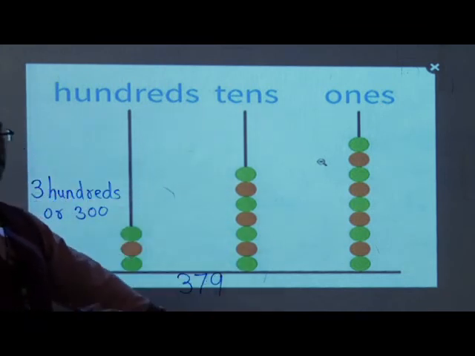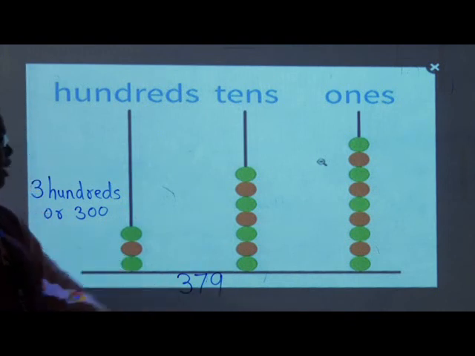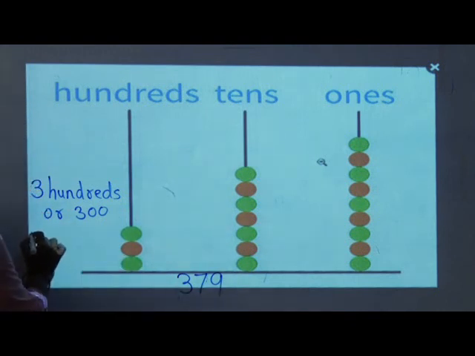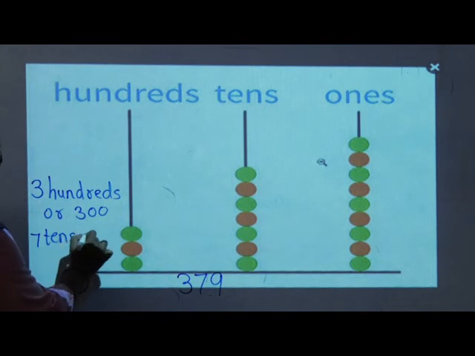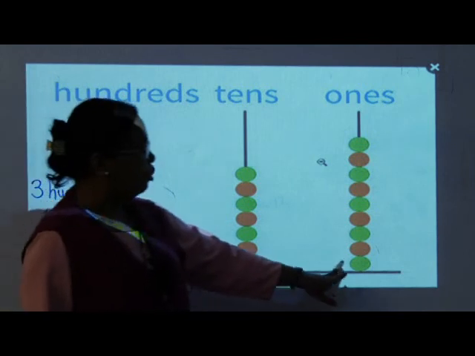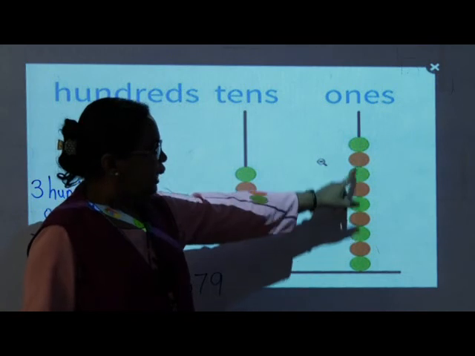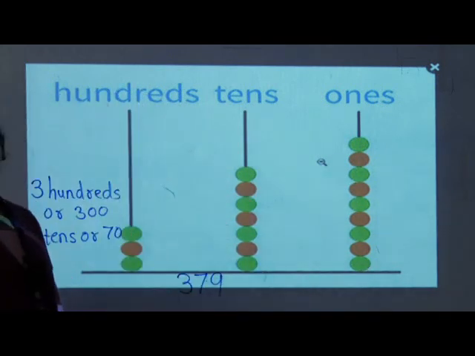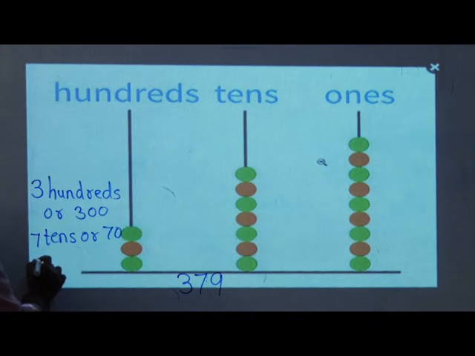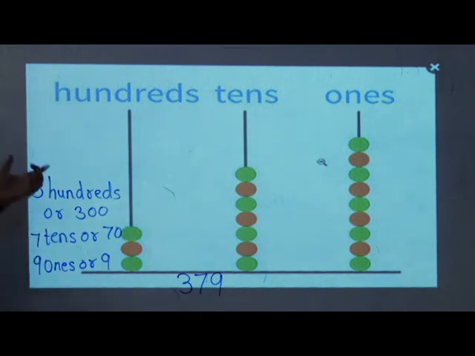Now 7 is in the tens column, so the place value of 7 is 7 tens or 70. Then in the ones column 9 is there. How many ones are there? 9. So 9's place value is 9 ones or 9. In this way, in the previous period, we had seen how to know the place value.